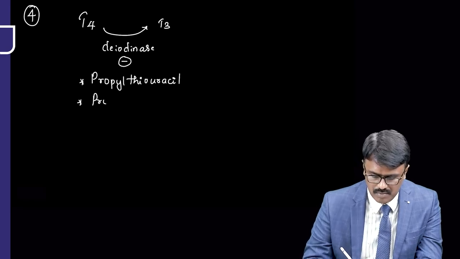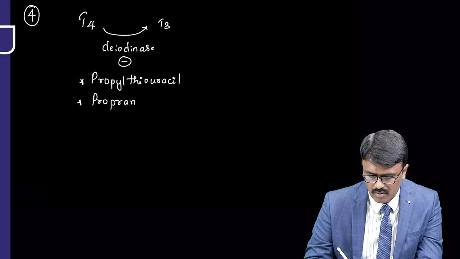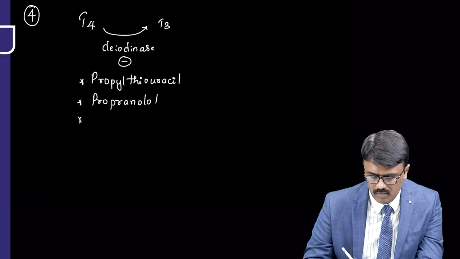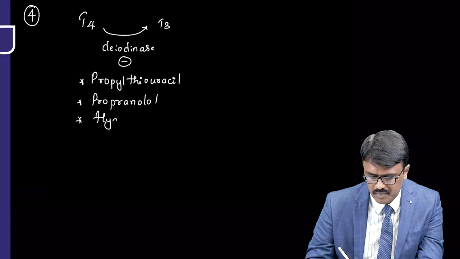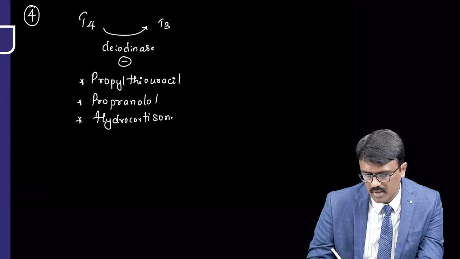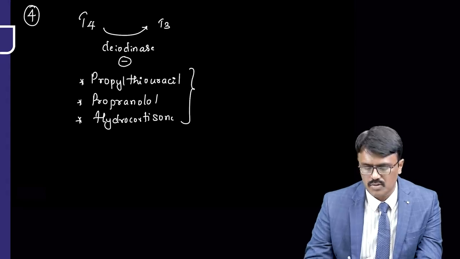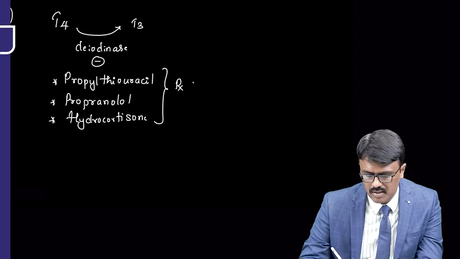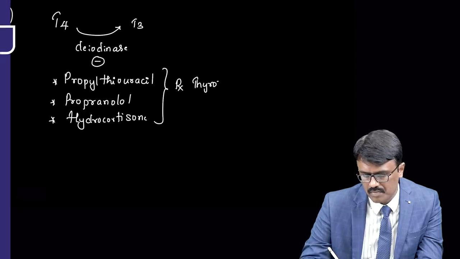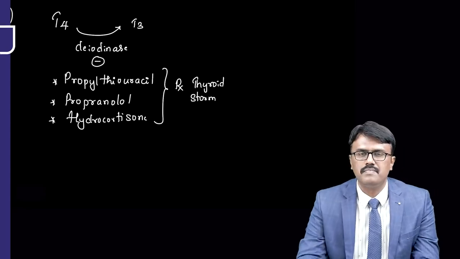Then one more, a beta blocker, propranolol, and one more, a steroid called hydrocortisone. Please remember, all these are used in the management of thyroid storm. So it's an intraoperative complication and we use them for thyroid storm.